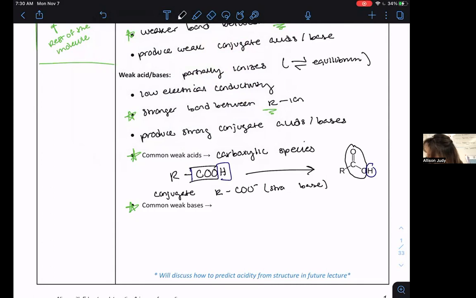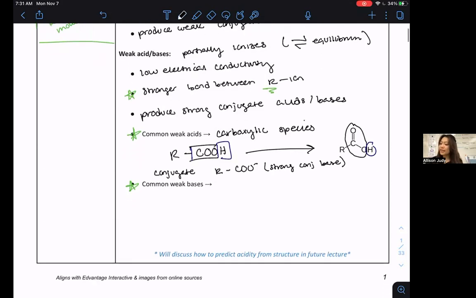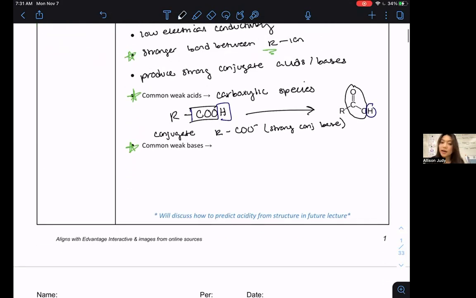A strong base because we have a weak acid and they tend to produce strong conjugates. So it would produce a strong conjugate base. Strong, let me put that in. Conjugate base. Okay, so just kind of trying to connect all these things together for you.